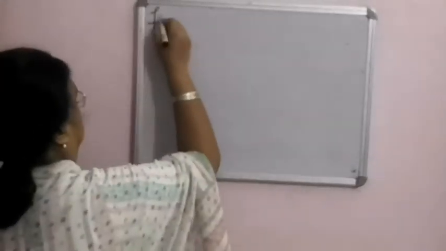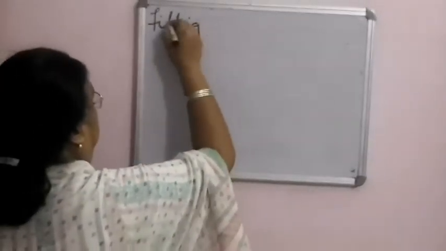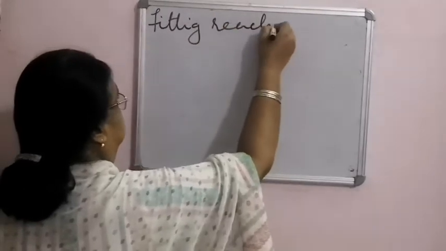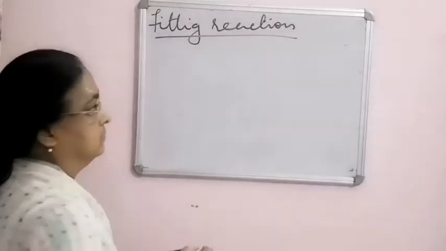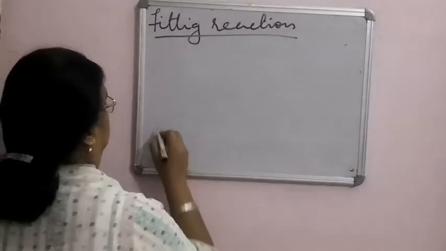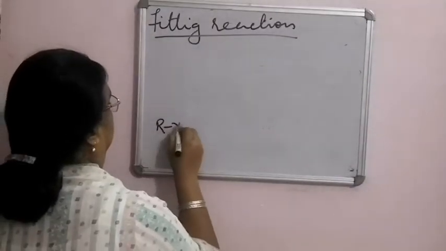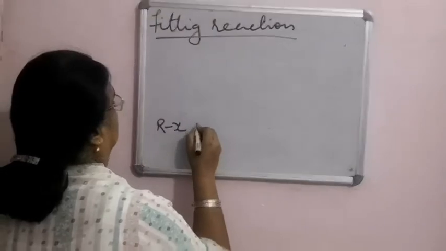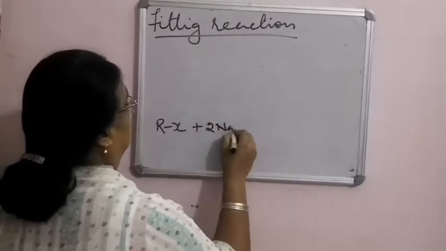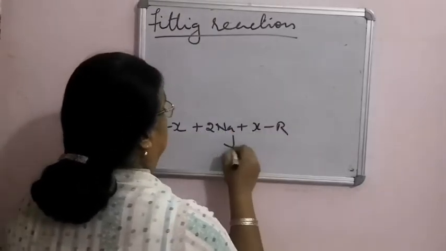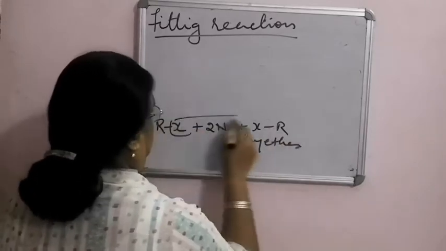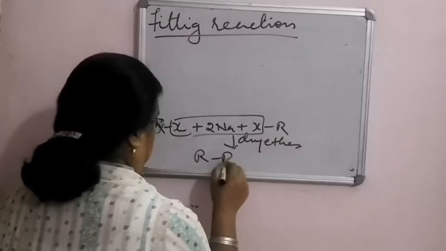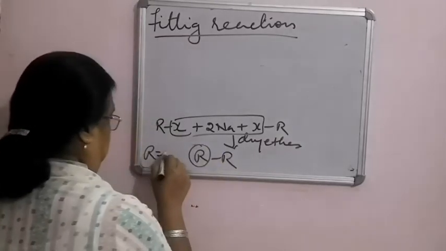The Fittig reaction is like the Wurtz reaction which you have done in alkyl halides. In alkyl halide, what was it? RX plus 2Na plus XR, in dry ether, you obtain R bond R, where R is your alkyl group.